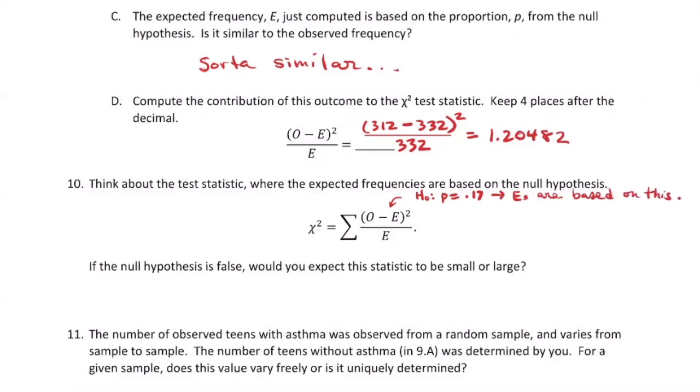So if the null hypothesis is false, then this notion of using 17% is not valid, and yet we were using it. So it says, if the null hypothesis is false, would you expect the statistic to be small or large as we measure the difference between the observed frequencies and the expected frequencies that are based on an incorrect assumption? Small or large?